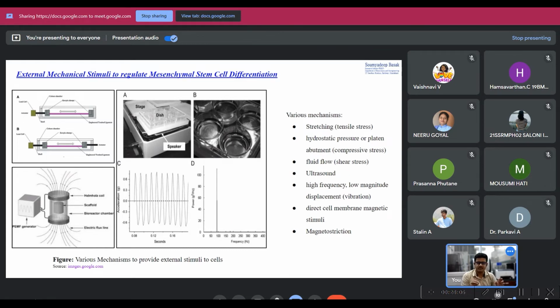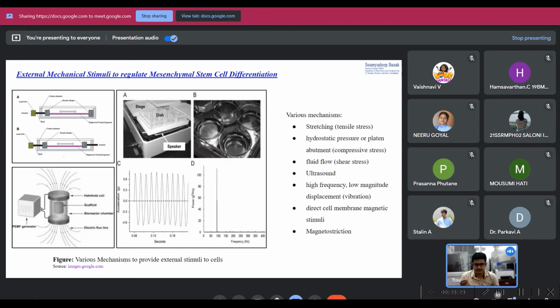And one of the components of this mechanotransduction is the WNT pathway, notch pathway. So these are the prime regulators of this mechanotransduction pathway. And similarly, for mesenchymal differentiation also, these pathways are very, very important. So that way they are linked. The mechanical environment has a tremendous role in stem cell differentiation.